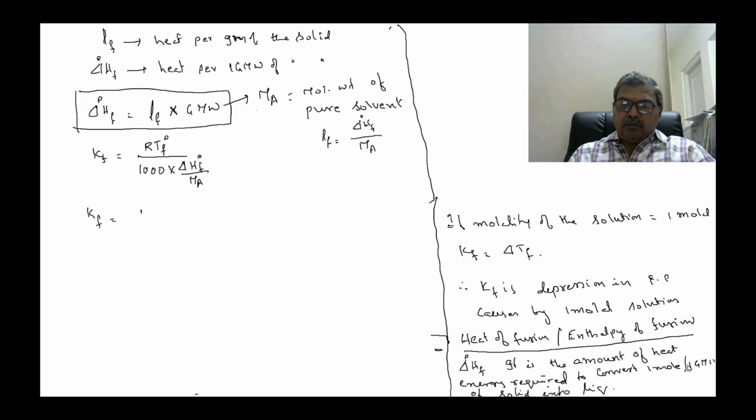Therefore, Kf is equal to R Tf naught square MA by 1000 into delta Hf naught.